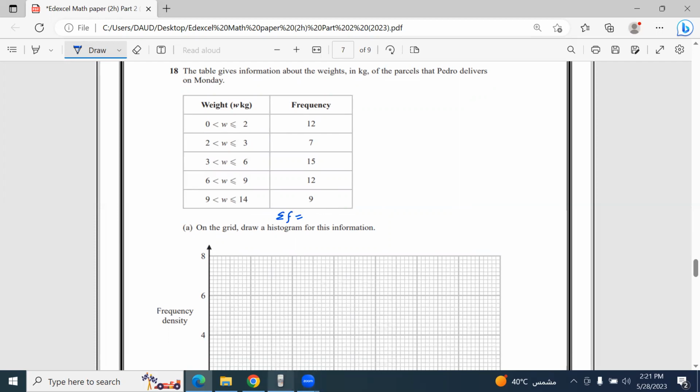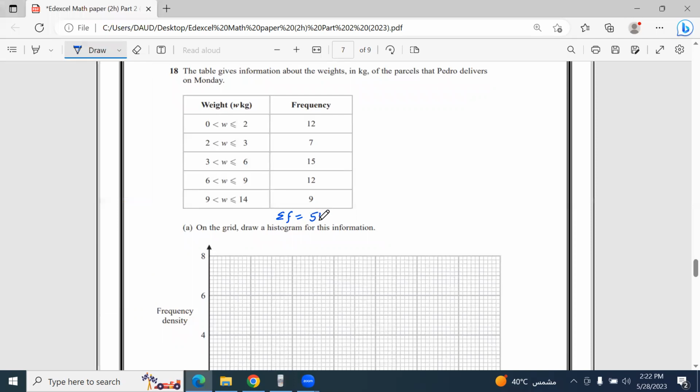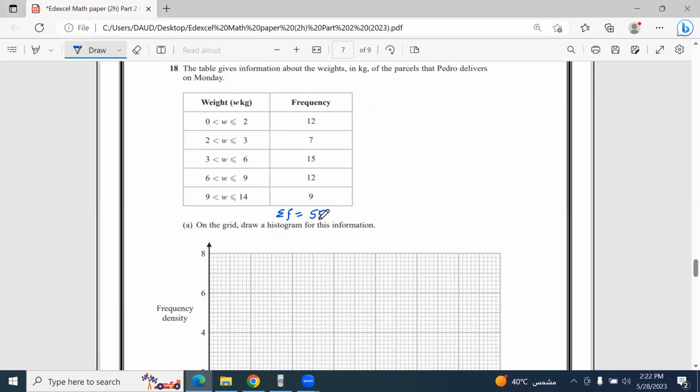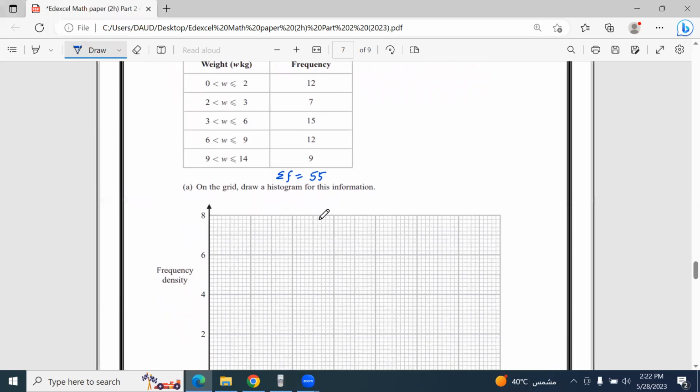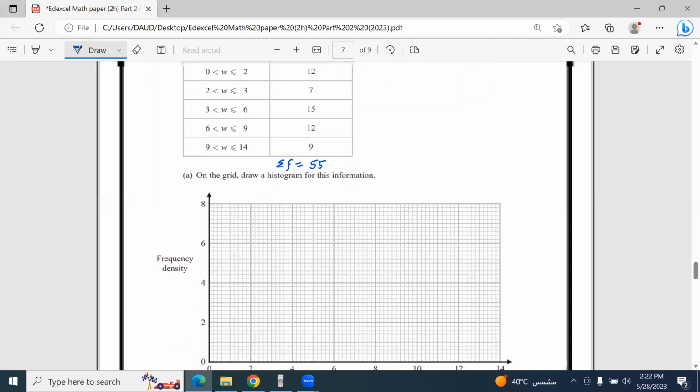So if we check here, 12 plus 7 plus 15 plus 12 plus 9, that gives me 55. We will use it later on. And what do they want next? They want frequency density. So remember that we have to find frequency density first, then we can plot.